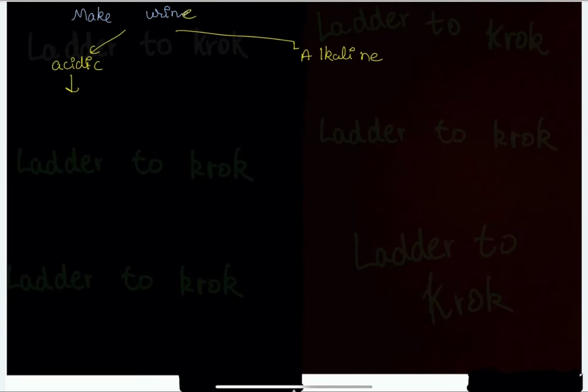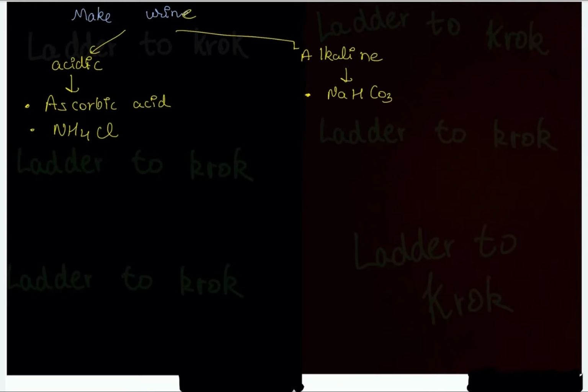We can make urine acidic by giving the patient ascorbic acid and ammonium chloride, NH4Cl. How can we make the urine of the patient alkaline? We can give sodium bicarbonate, NaHCO3, and we can also give acetazolamide.